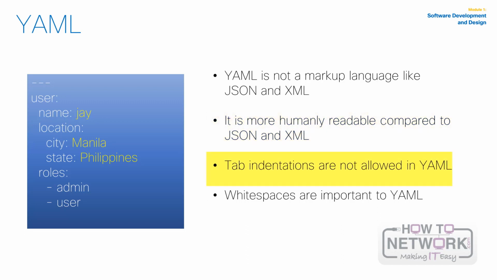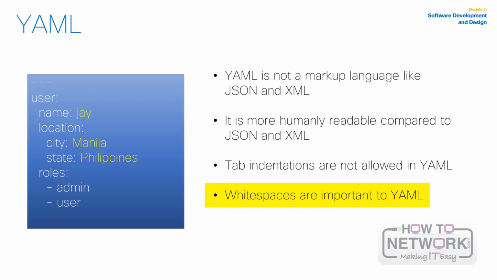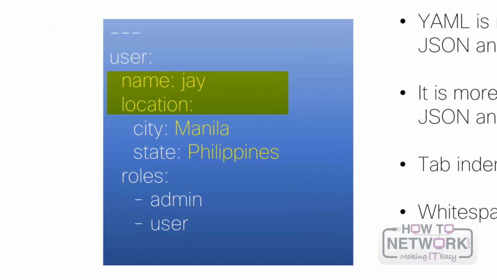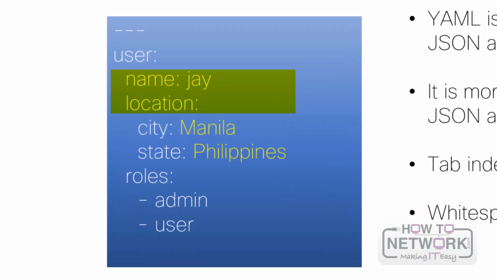Note that tab indentations are not allowed in YAML because different tools treat them differently. White spaces are important to YAML because the white space indentation defines the structure of the YAML file. All data inside a particular object is at the same level of indentation.